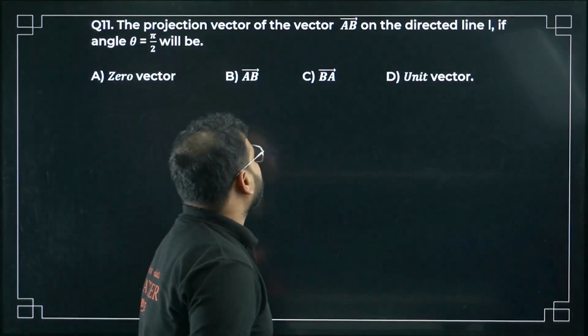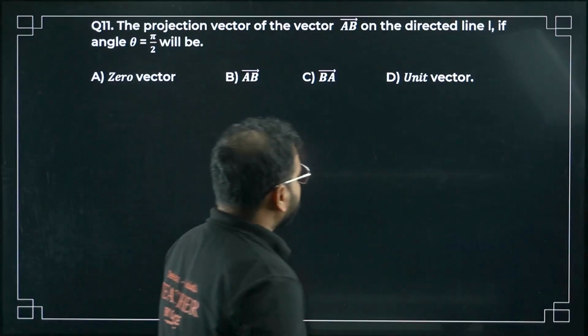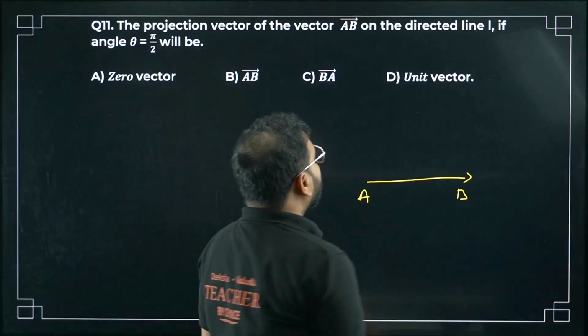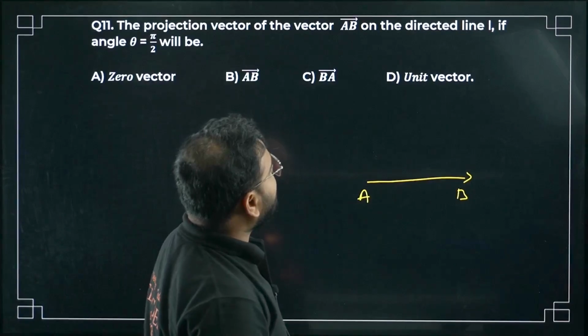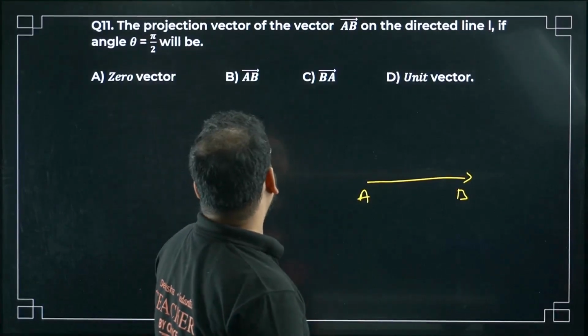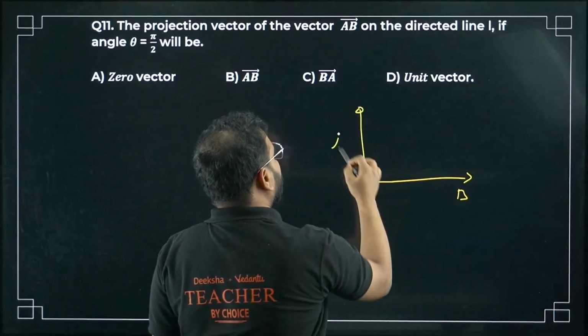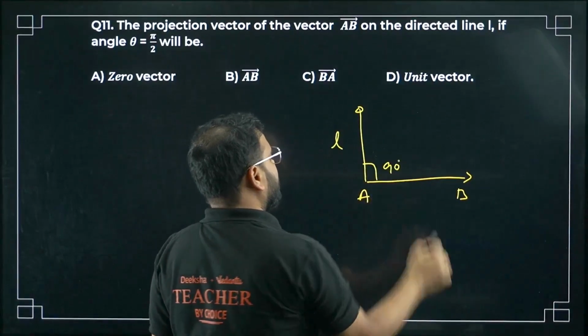The projection vector of the vector AB on the directed line L, if theta is pi by 2. Okay, they're saying this is the line L, this angle is 90 degrees.